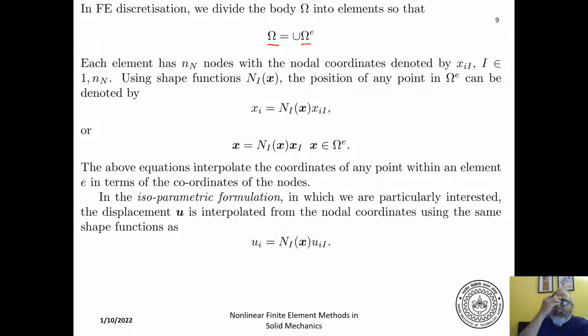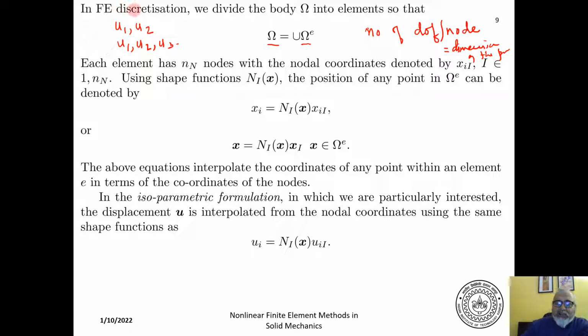This notation is useful in situations where the number of degrees of freedom per node is equal to the dimension of the problem. That is, for a two-dimensional problem, the displacements u1 and u2 are the degrees of freedom at every node, and in a three-dimensional problem, u1, u2, u3 are the degrees of freedom at every node.